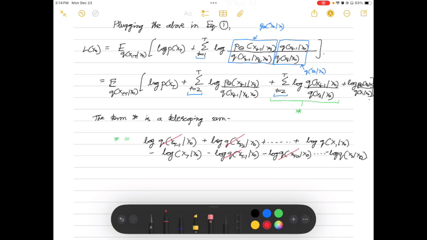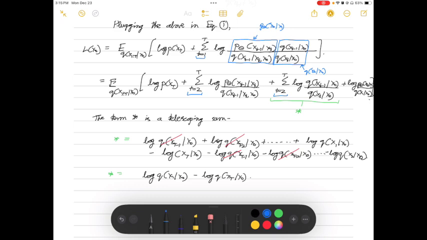So if we iteratively expand this summation and cancel out all the terms, at the end we will have only two terms left, and this star term will become log q of x1 given x naught minus log q of x_t given x naught.